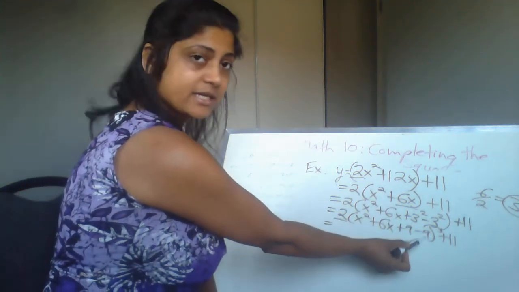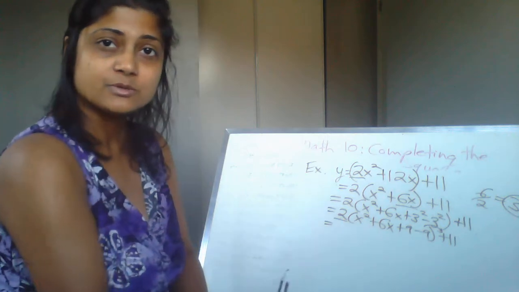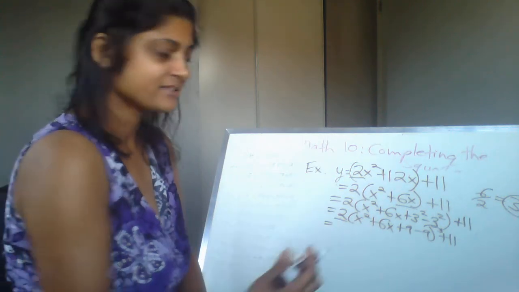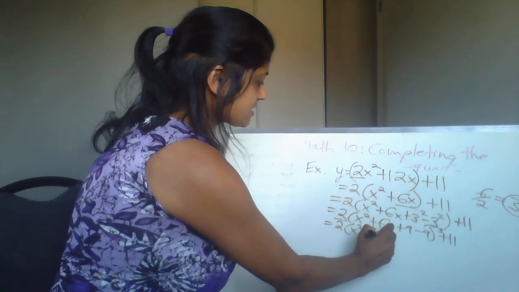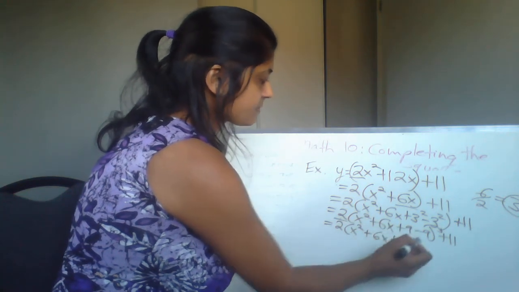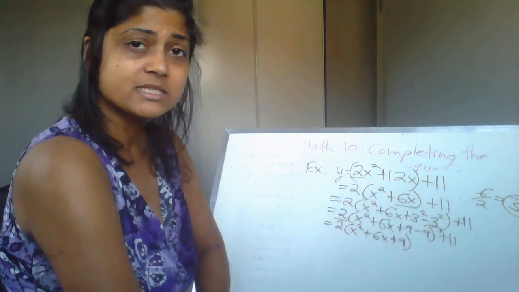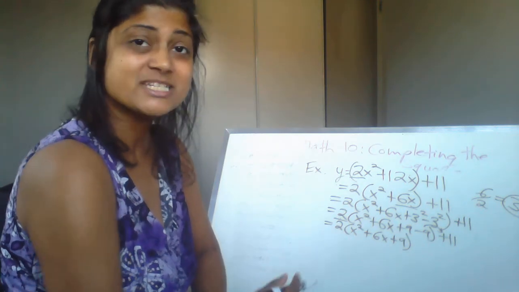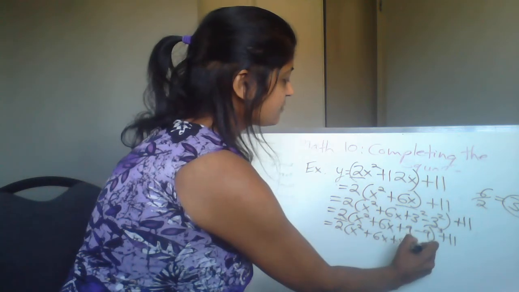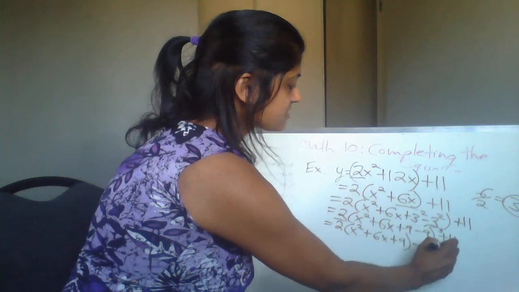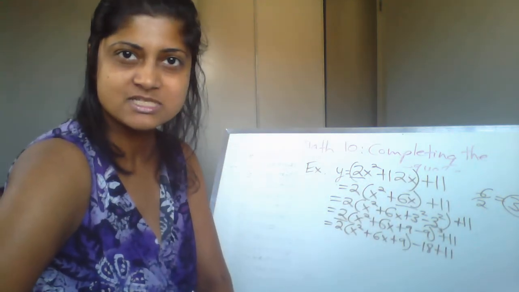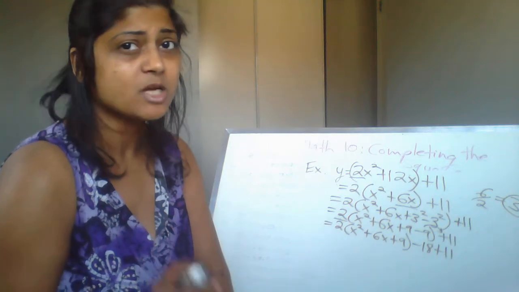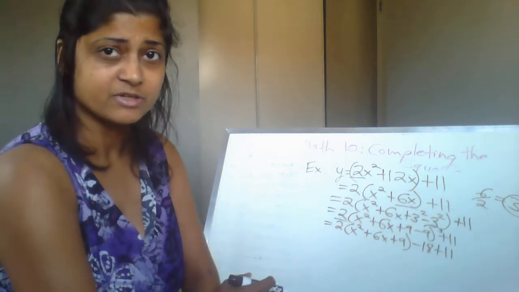I'm going to do negative 9 times 2, which is negative 18. So we're just going to rewrite this here. I put x squared plus 6x plus 9, and like I said, we did negative 9 times 2, which is negative 18. I'm going to take that outside the brackets, and then plus 11. Again, you notice the 11 is outside the whole time. I'm not changing anything with the 11 here.